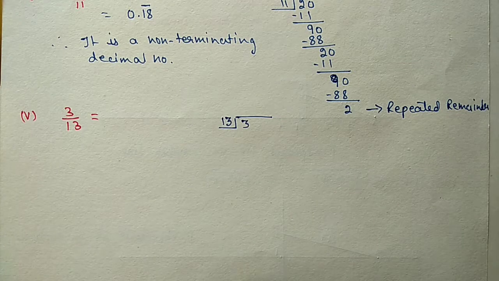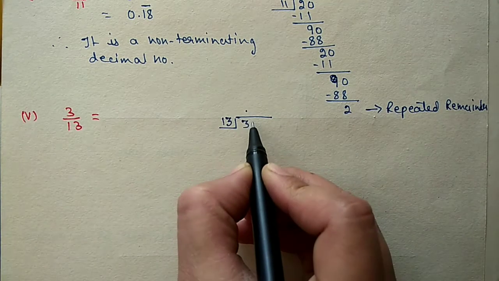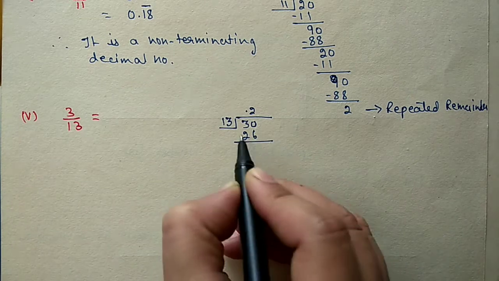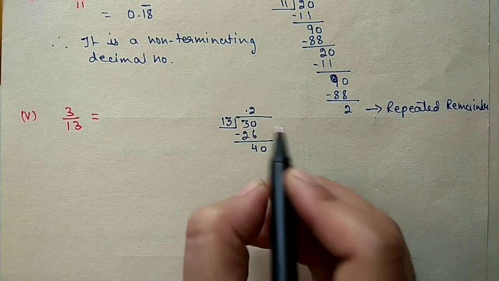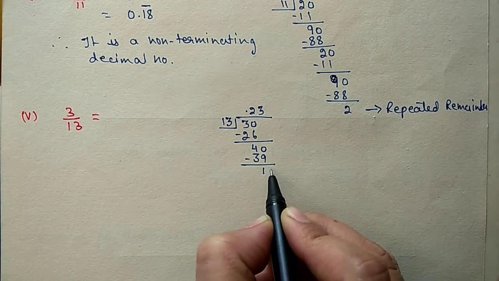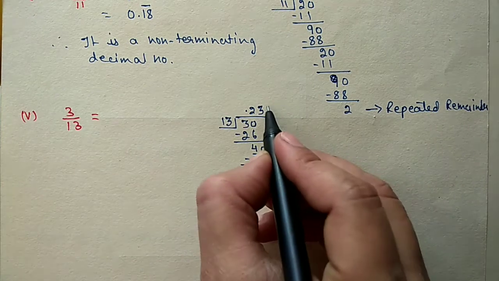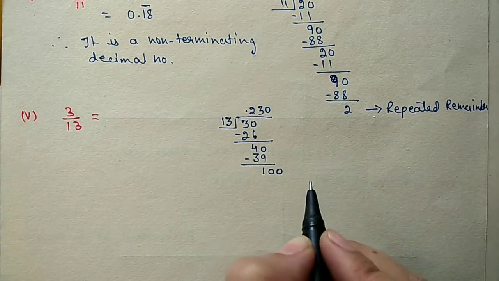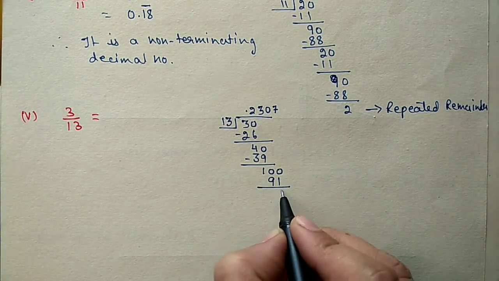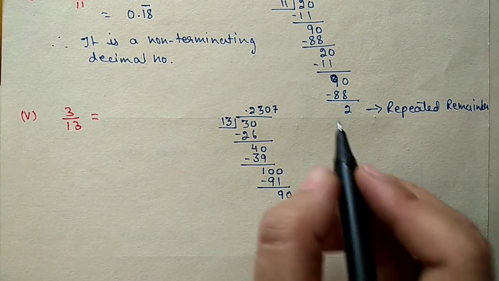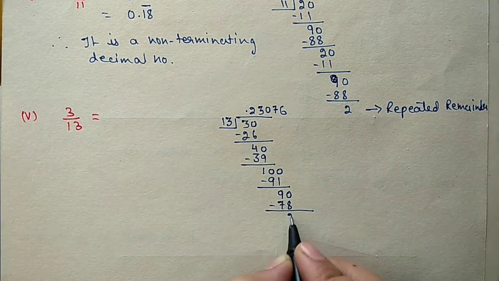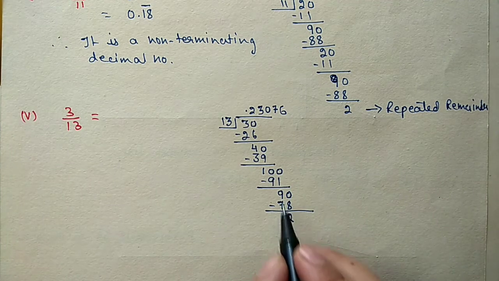Next, fifth part, 3 divided by 13. So first put decimal and take 1 0 here. It will go, 13 2s are 26. Then here we are getting 4. Take another 0. 13 3s are 39. Then we'll get 1 as remainder. Take 1 more 0. Because it is not going, we put 0 first and then take another 0. Then it will go, 13 7s are 91. Then remainder is 9. Take another 0. 13 6s are 78. Then 2 is the remainder and here 1 we will get.